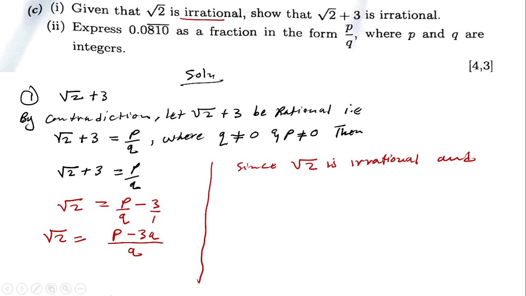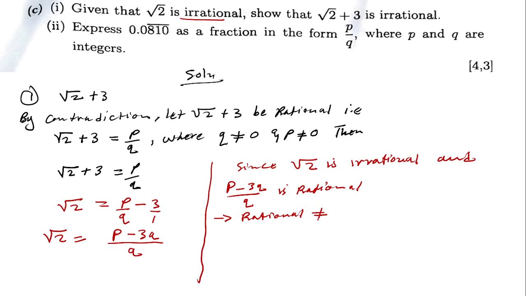So P minus 3Q over Q is rational. You write that. Then you say a rational cannot be equal to an irrational. In short, an irrational number cannot be equal to a rational number.